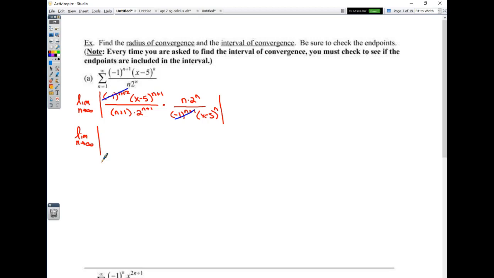All right, what can simplify? I'm going to get a 2 in the denominator. 2 to the n plus 1 will cancel out with the 2 to the n. That's good.